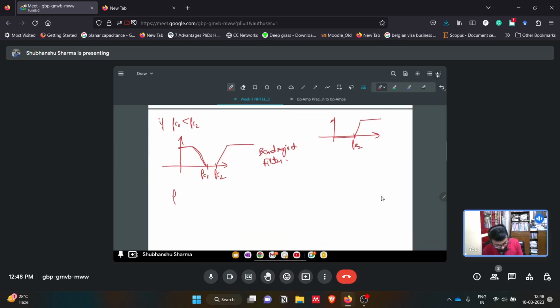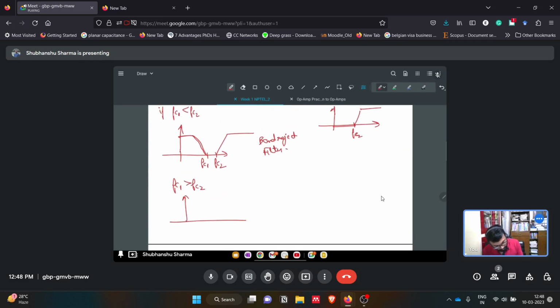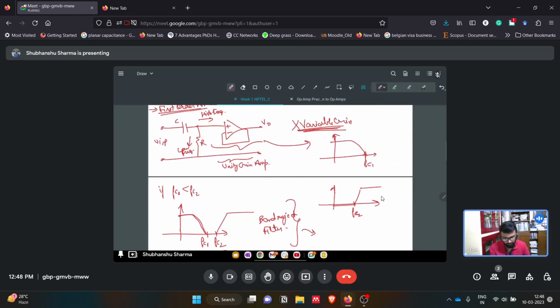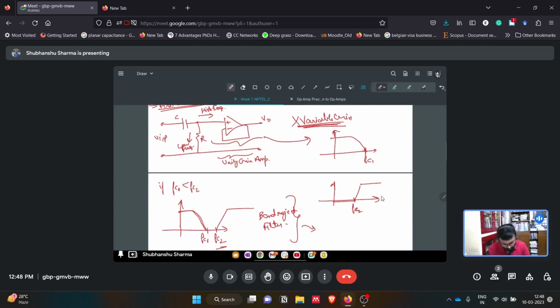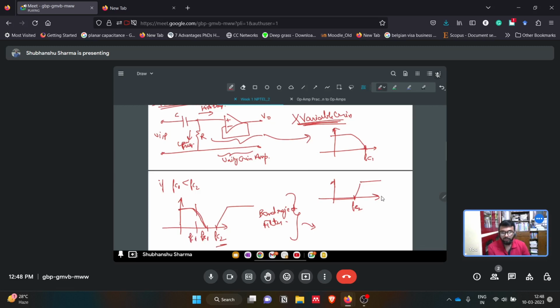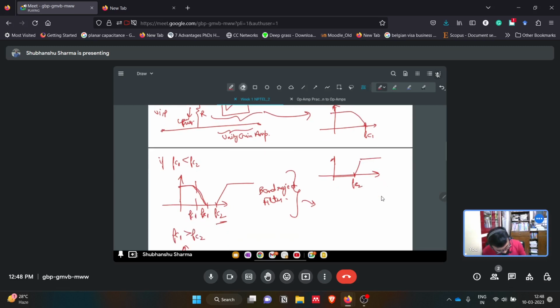But normally we keep FC1 greater than FC2. So what happens? Since FC2 is more than FC1, and we are using this op amp beyond its cutoff, this is FC1.